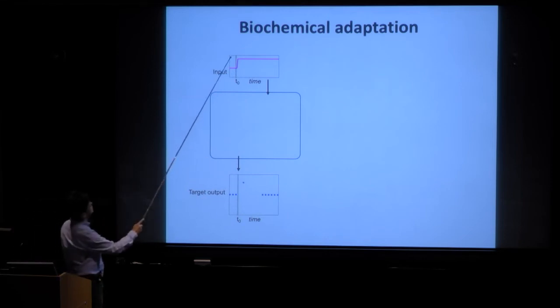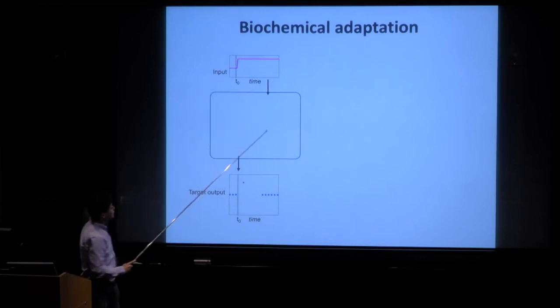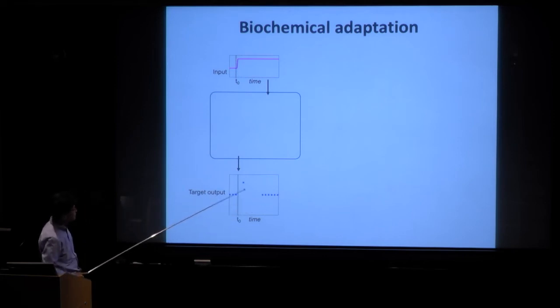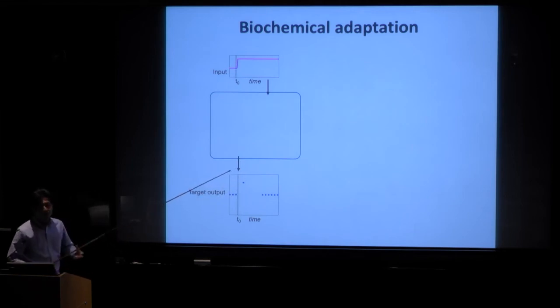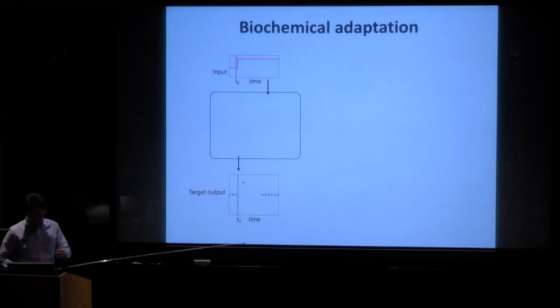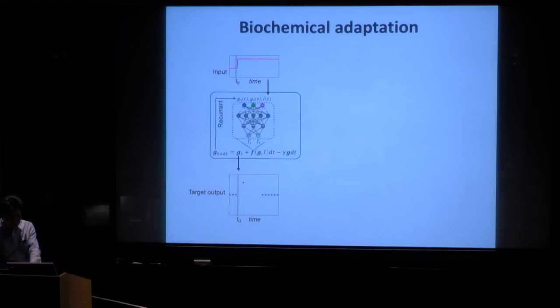But if the change persists, you should go back. So this is called adaptation. If you go back exactly as before the change, this is called perfect adaptation. So this is a very, very ubiquitous function. So can we say, given this task, can we infer the genetic network to perform this task? It turns out we can do that.